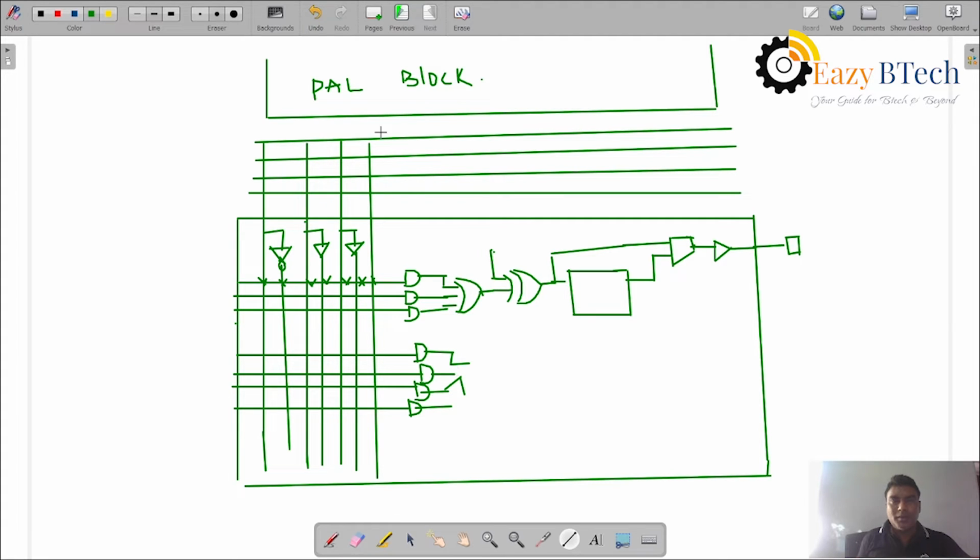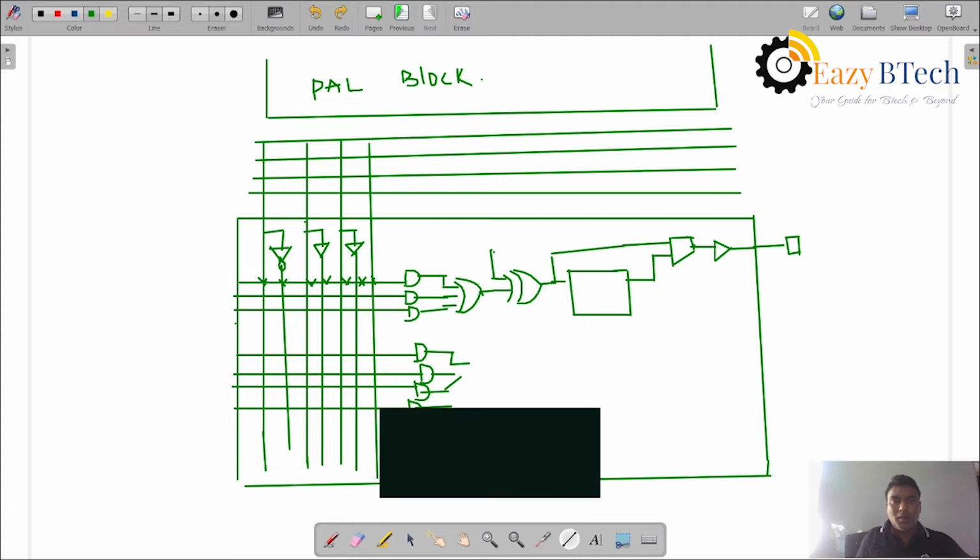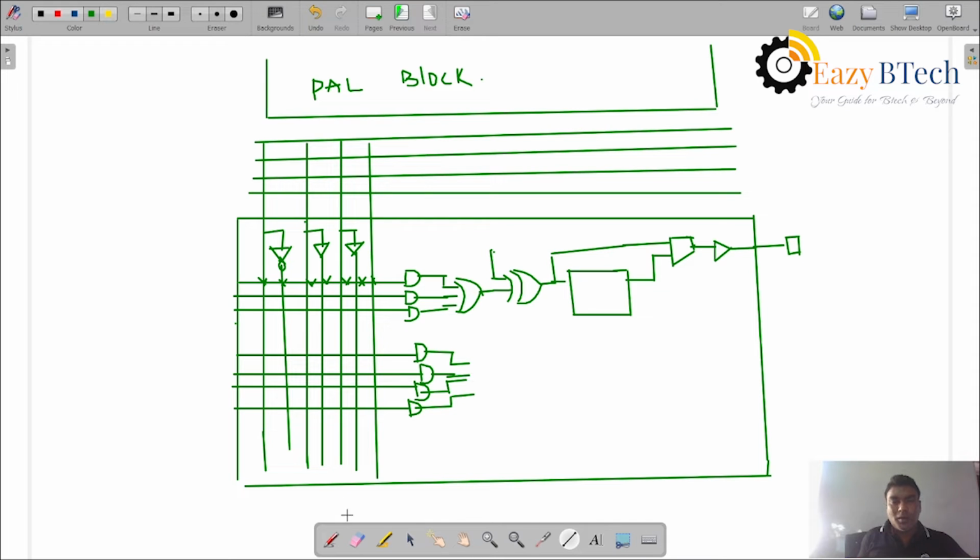From here you can also take the OR plane. The OR gates are connected to the XOR gate. This is one XOR gate design, and the XOR gate output is connected to the D flip-flop.